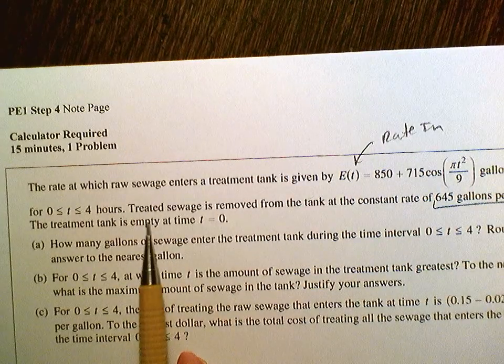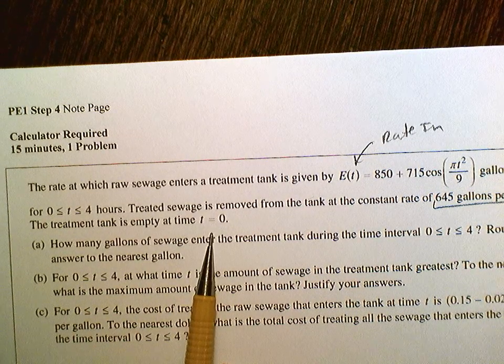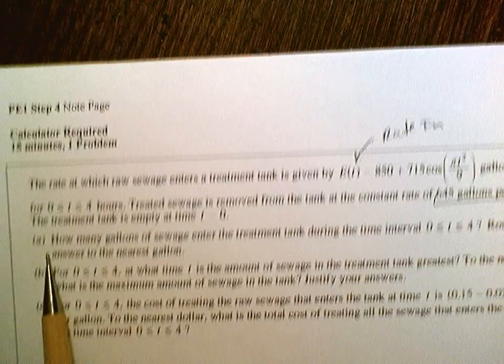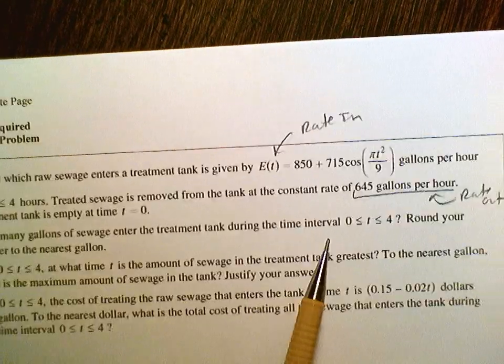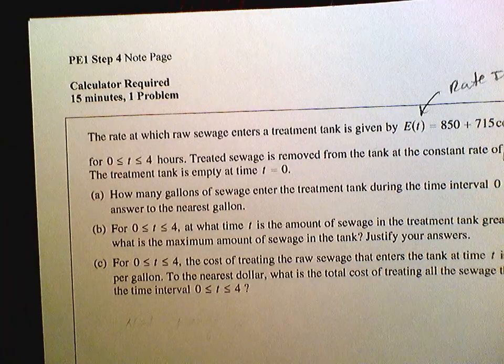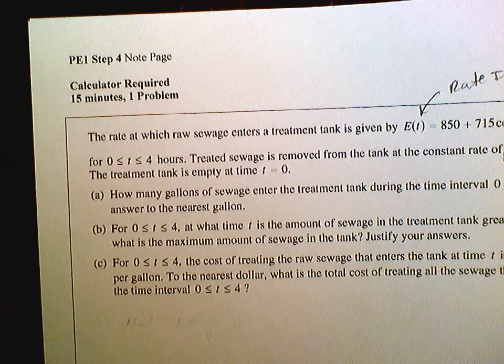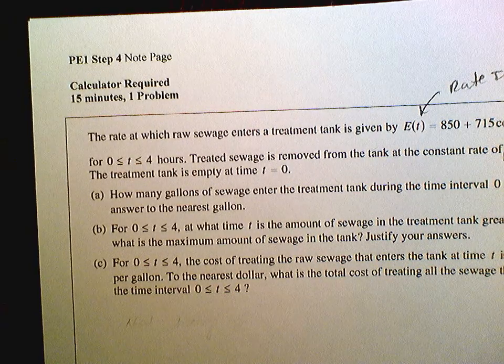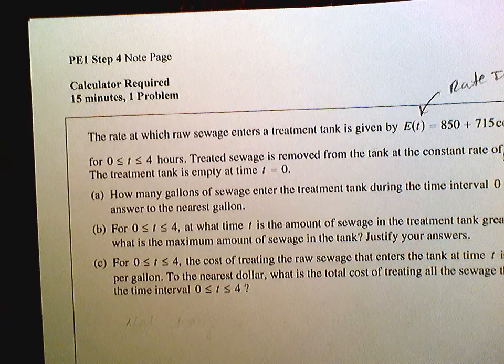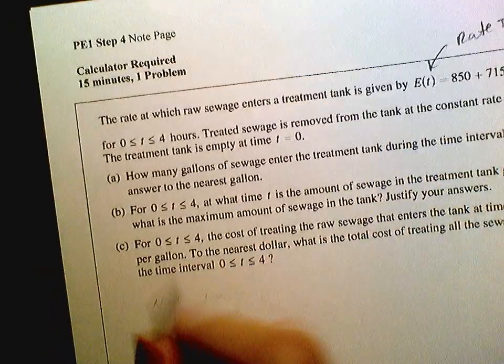Okay, the treatment tank is empty at t equals 0. All right, so how many gallons of sewage enter the treatment tank during this time interval? Round your answer to the nearest gallon. So guys, you have to ask yourself what this means. I noticed that they're asking for a total.